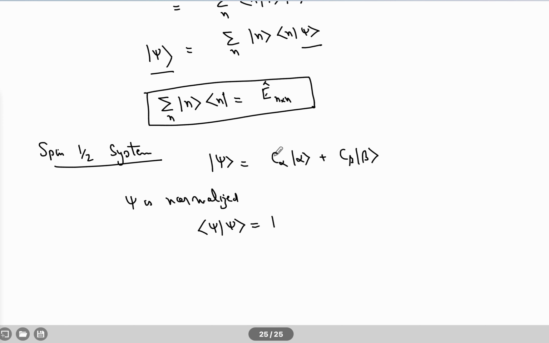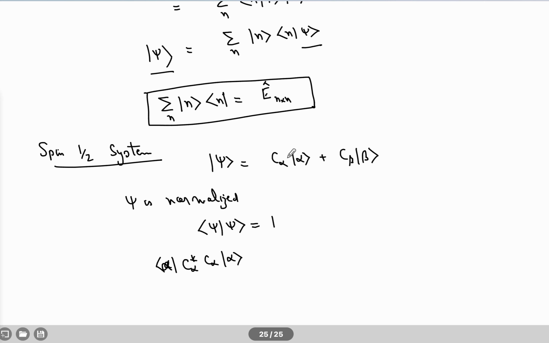That means the right hand side will become, if I take bra psi and ket psi together, C alpha star C alpha alpha alpha.